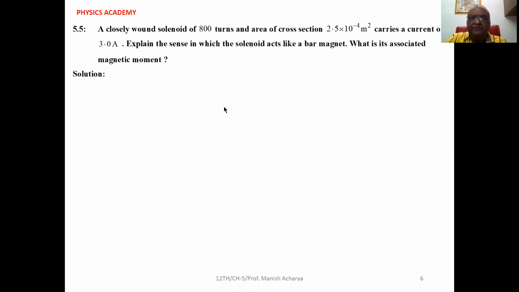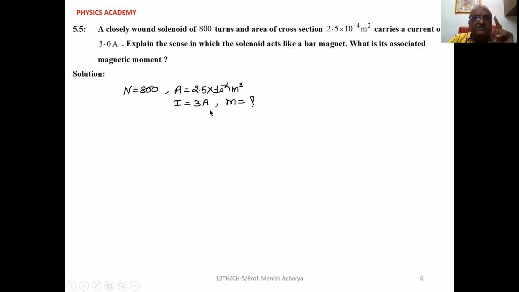Now see, the solenoid given to you has a total number of turns 800, its area of cross section is 2.5 into 10 raised to minus 4 meter square, and the current passed through it is 3 ampere.